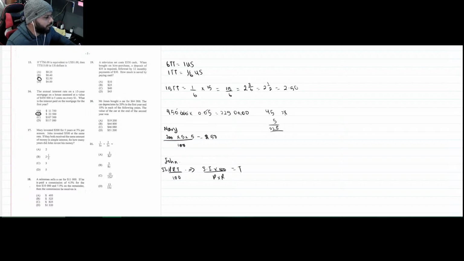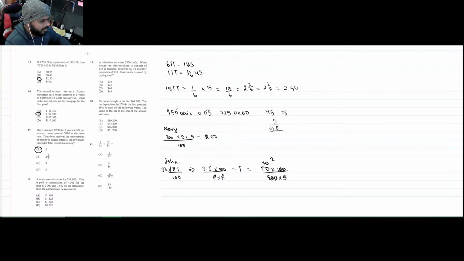So 50 multiplied by 100, because both of them got the same simple interest at the end, over John invested $500 at the same rate, which is 5%. 5 into 50 is 10, and 5 into 10 is 2. So 2 years.